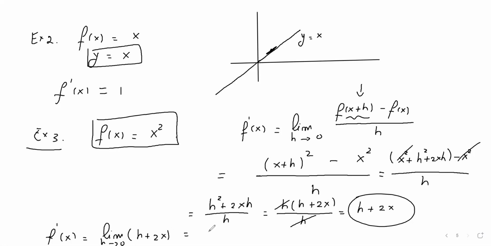And that is 2x. Because when you substitute 0 in the formula there, you get 2x. So this thing here, folks, is the calculation and the grand formula that we figured out here. f prime is equal to 2x.